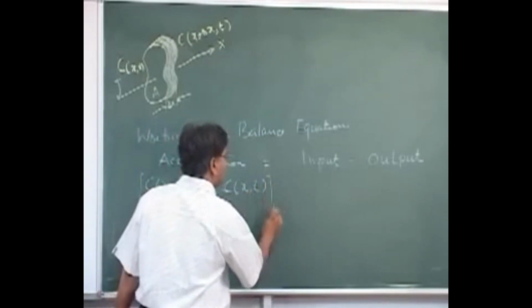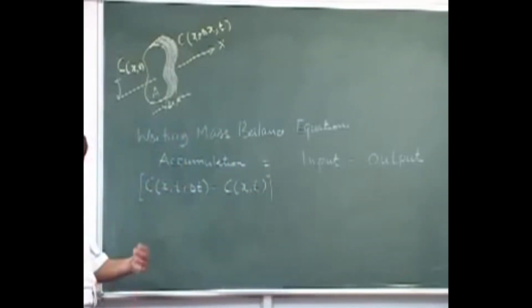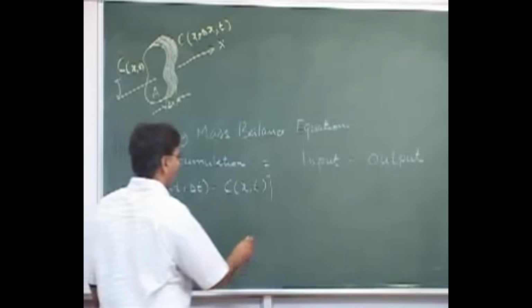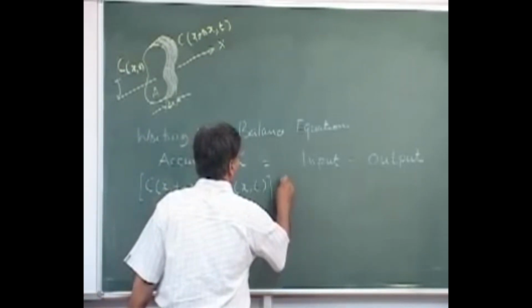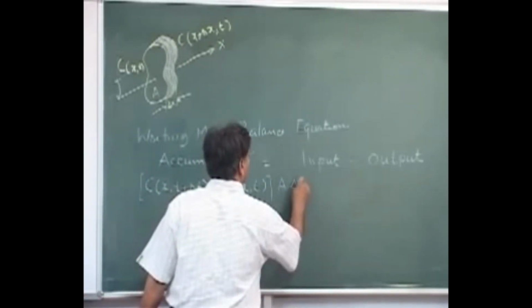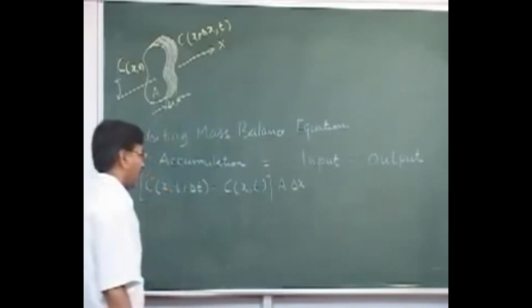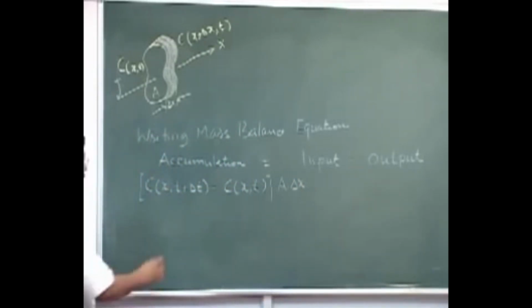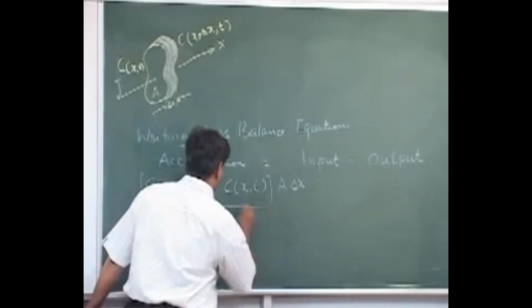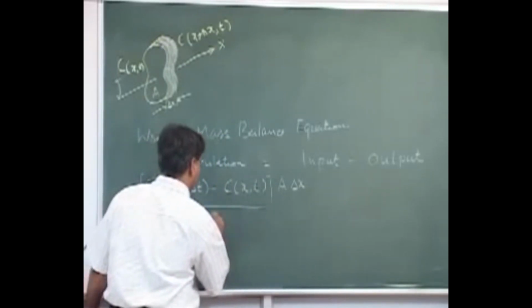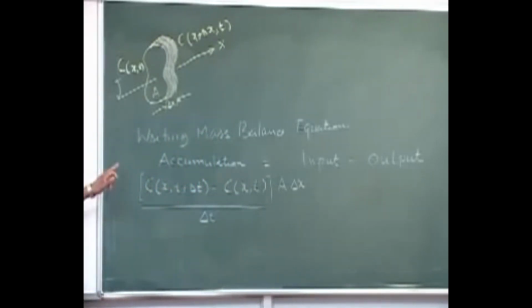I must convert this into mass per time. So what do I do? Area times delta x, and time is delta t. That is the accumulation part.